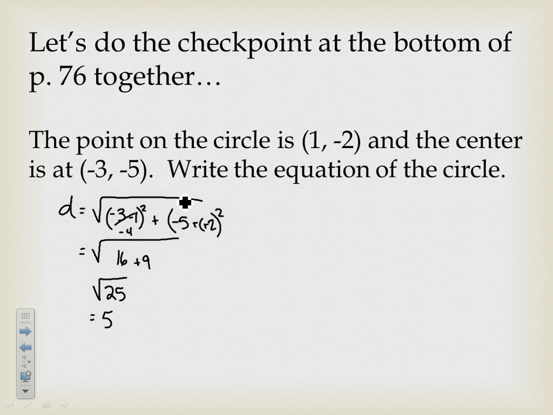So using our formula for the equation of a circle, we have x minus h squared plus y minus k squared equals r squared. So the center, they said, was negative 3, negative 5. So that's h and k.